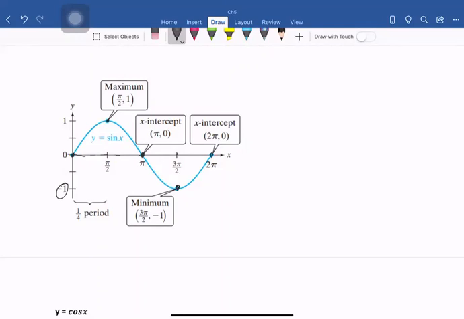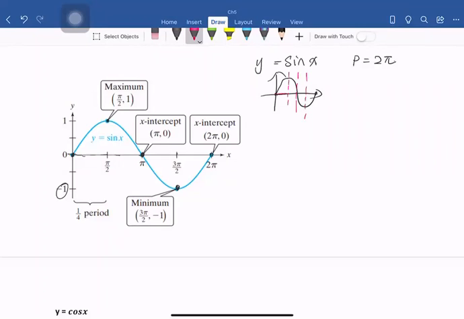That's the x-intercept. So if I have the function sine x, and I know the period is 2 pi, and I know the shape of sine x is like this, that means I can divide this one full cycle into 4 equal parts.